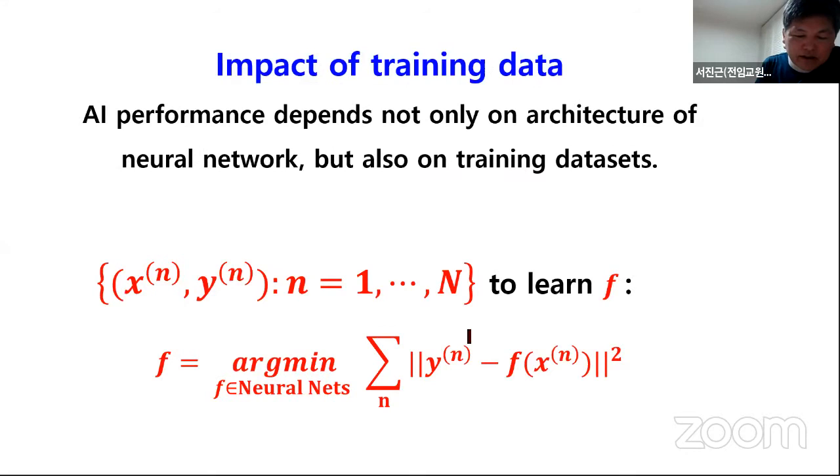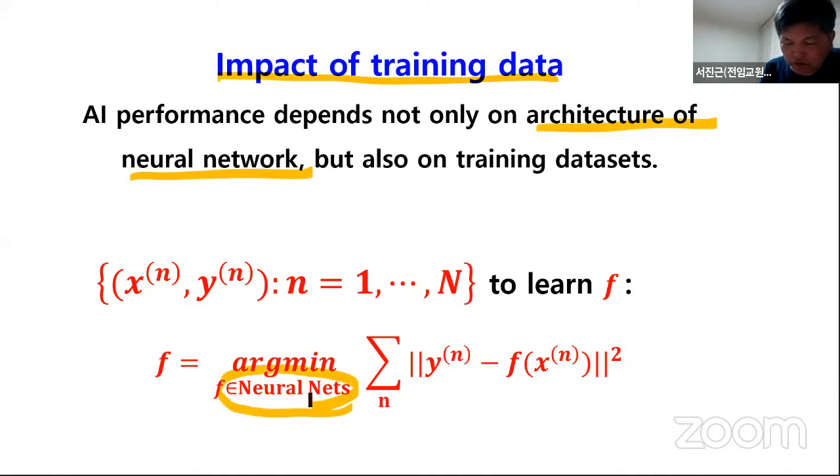Here, the learning impact of the training data. AI performance depends not only on the architecture of the neural network, which determines the structure of the map, but also on the training data set. Training data and the architecture are both very important. First, I will explain why training data is important.